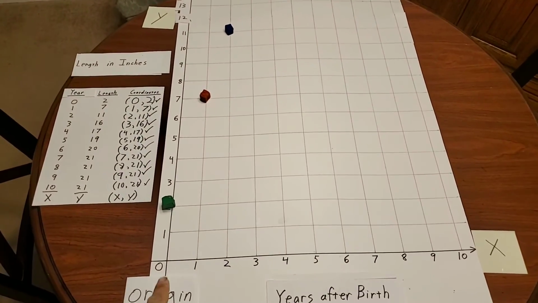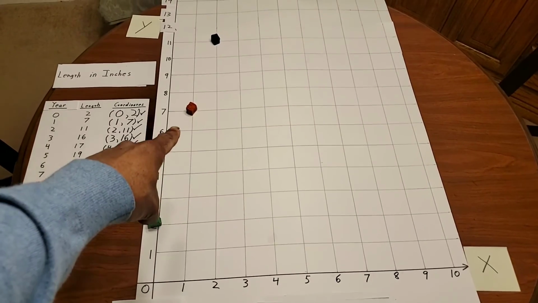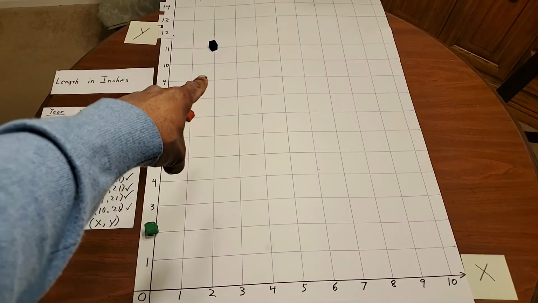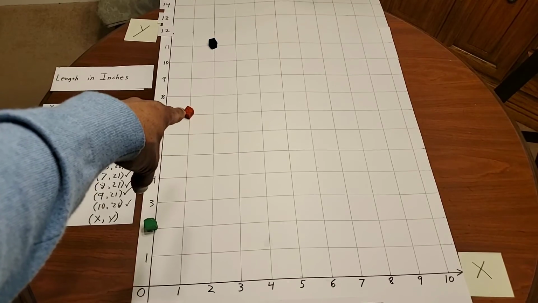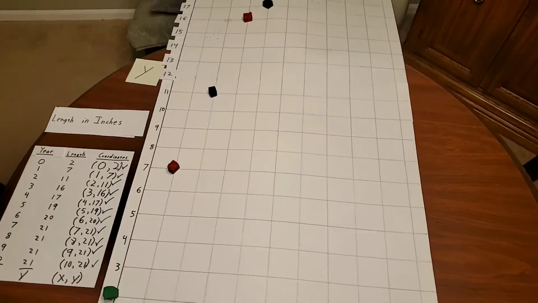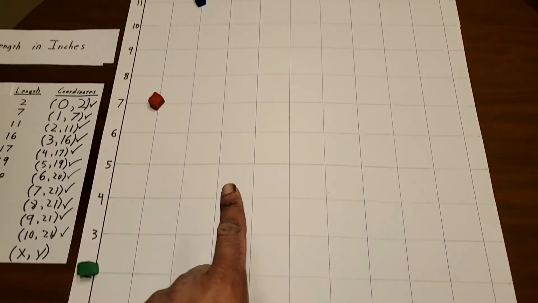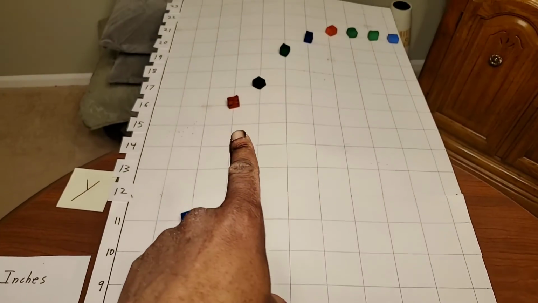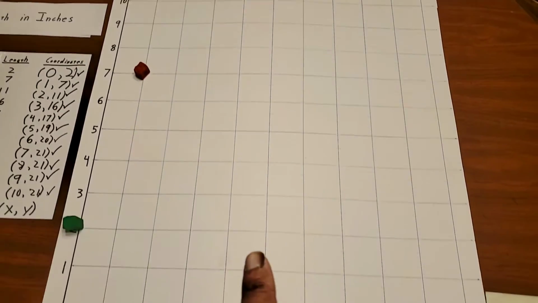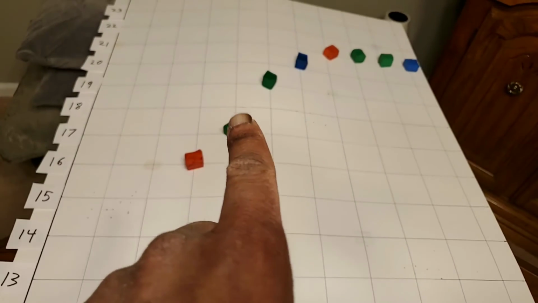So, year 0 is 2 inches. Year 1 is 7 inches. Year 2 is 11 inches. Let's look at year 3. Year 3 stops at 16 inches. Year 4 stops at 17 inches.